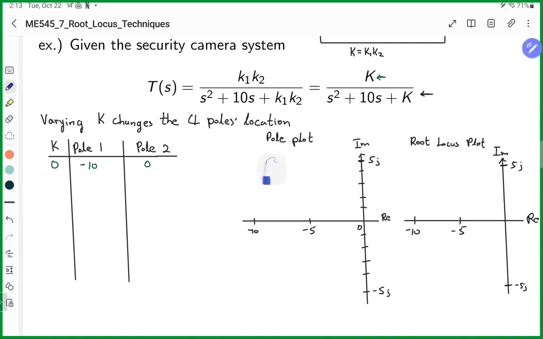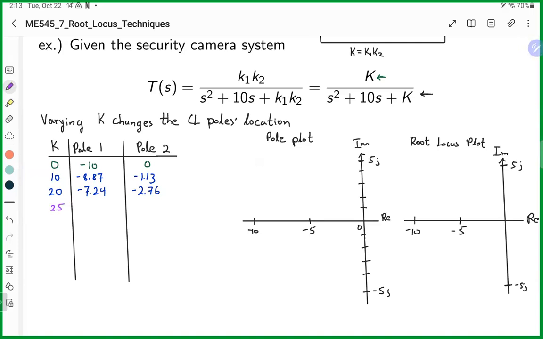And then if I increase the gain of the system to 10, then I have a pole at -8.87 and a pole at -1.13. If I increase it to 20, I have a pole at -7.24 and a pole at -2.76. Then this is called the breakaway point.